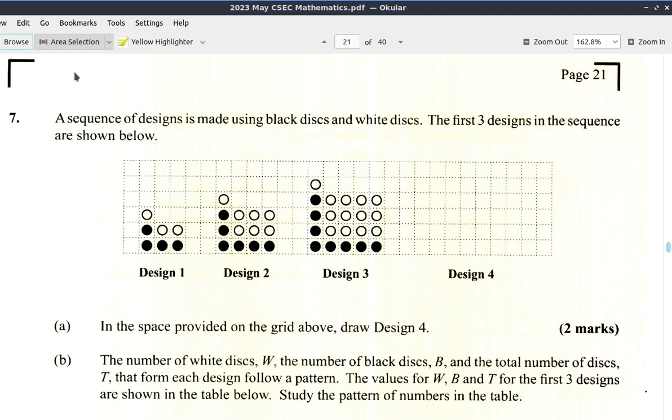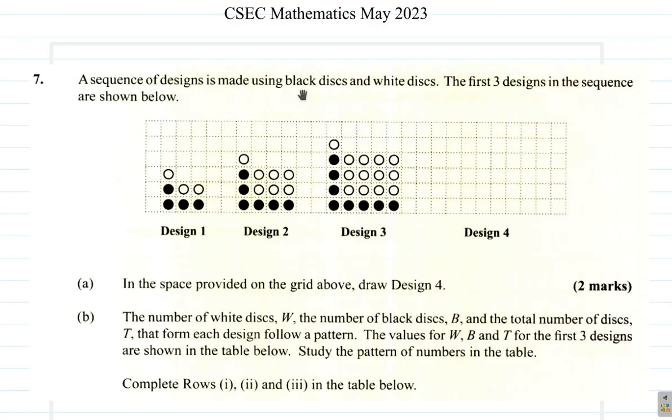Now I have copied it over here, and we'll see how this one goes. Now for design 1, you have one circle here, one above it, 2 to the right.